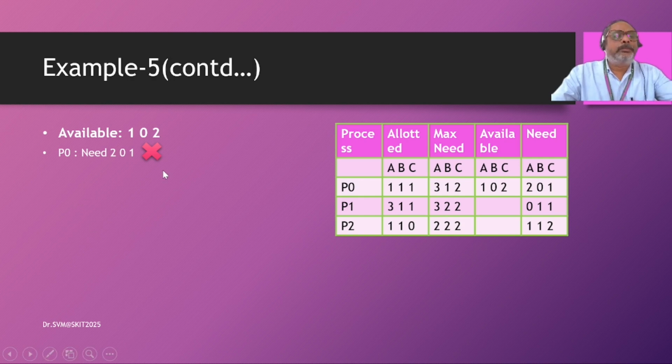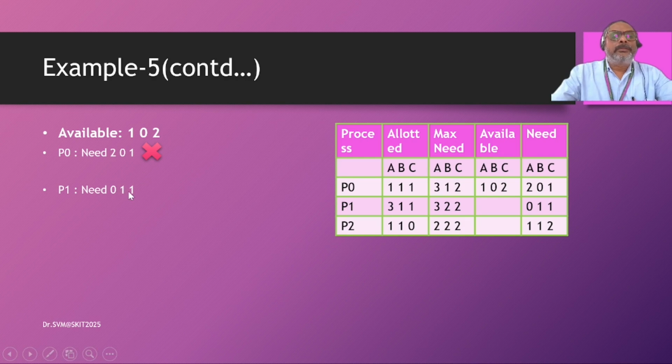Okay, let's check with P1. P1 requires 011, so A it doesn't require, it needs one instance of B, but the problem is we don't have any instance of B left with us.